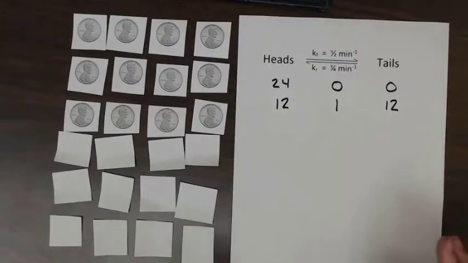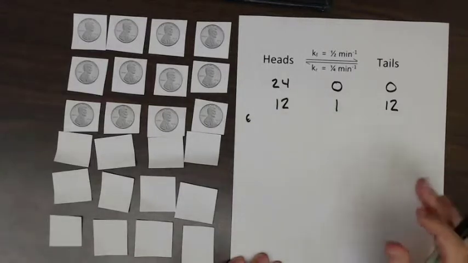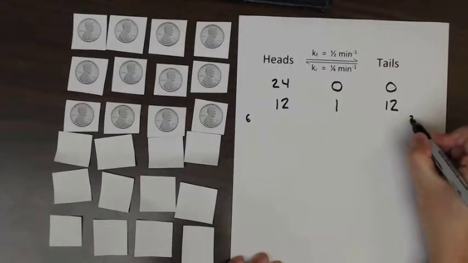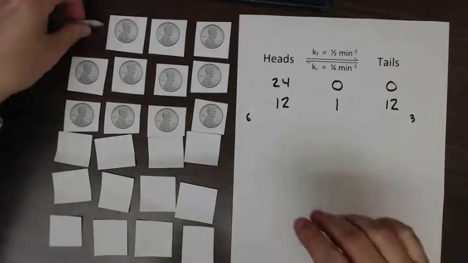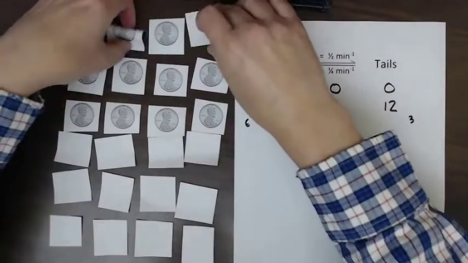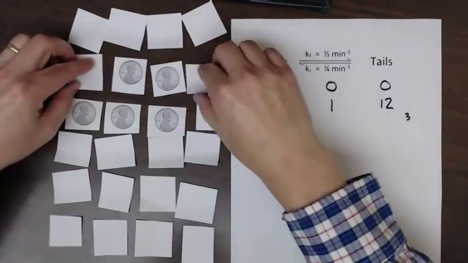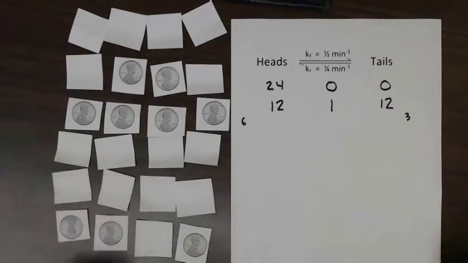The next minute, half of the remaining heads will flip. Half of 12 is 6, so 6 heads will flip, and 1/4 of the tails will flip. If there are 12 tails, 1/4 of that would be 3 of them. So let's flip 6 heads. 1, 2, 3, 4, 5, 6, and we'll flip 3 tails. 1, 2, 3.